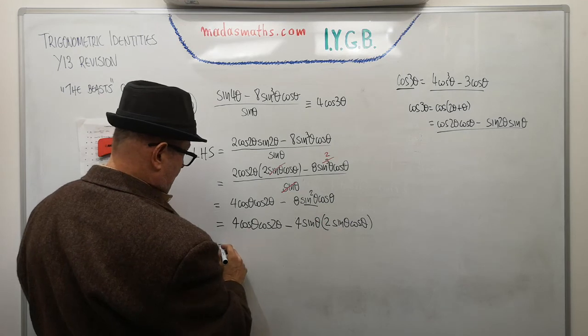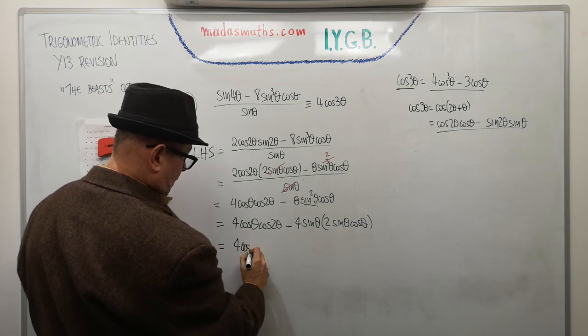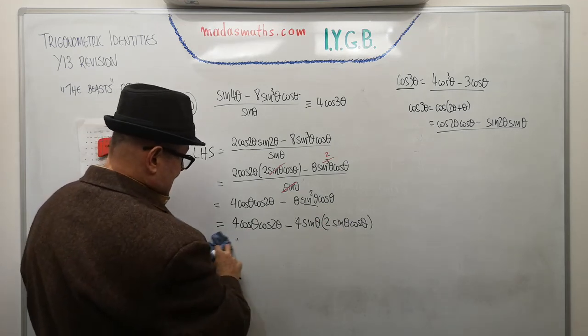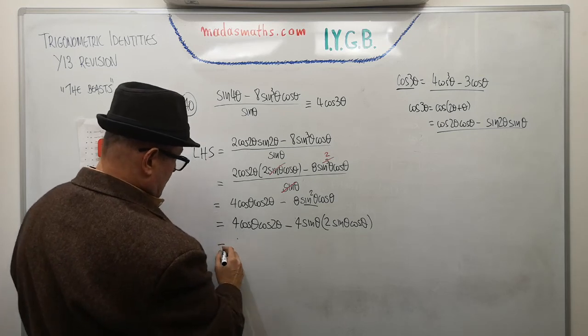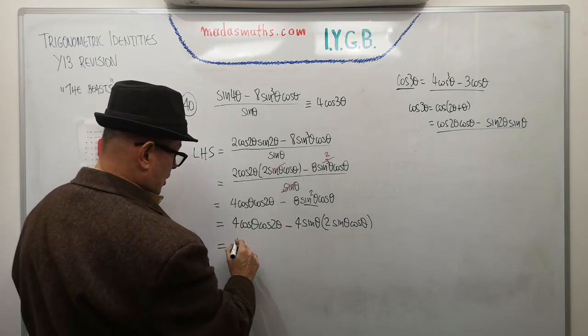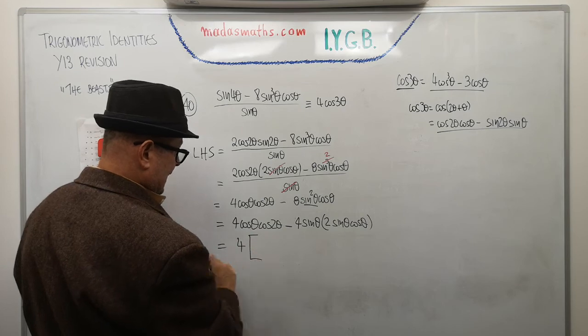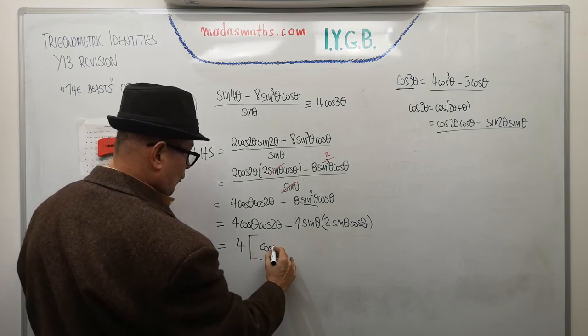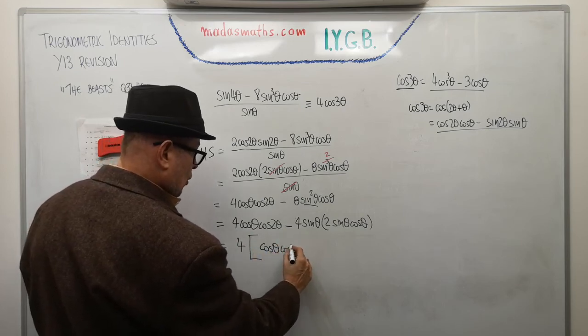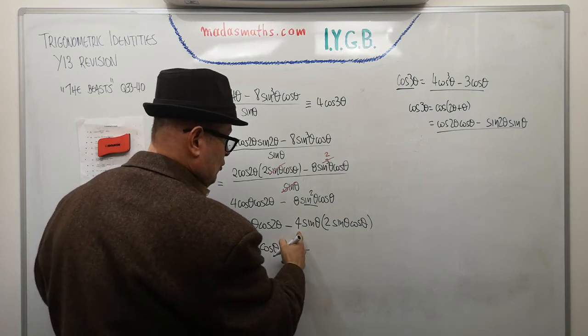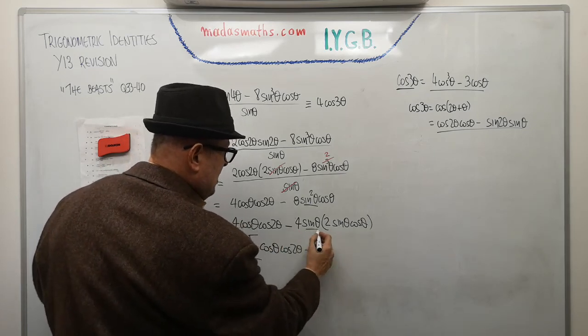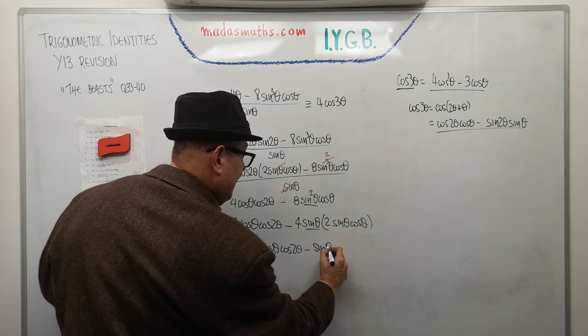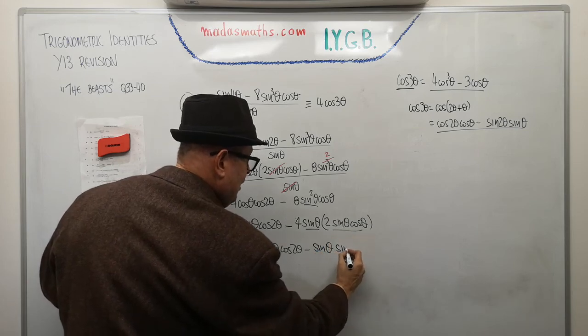But this is now very, very special. And probably be a good idea, so we don't have to write a lot. Pull out the 4 from both of these terms. Use a square bracket. And we're having the cos of theta times the cos of 2 theta minus, the 4 has gone outside. And this is now the sine of theta. And this, of course, is the sine of 2 theta.